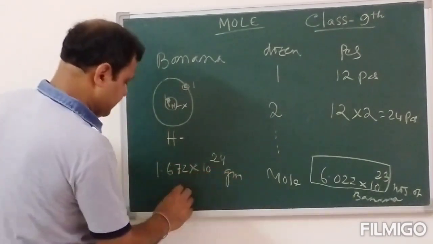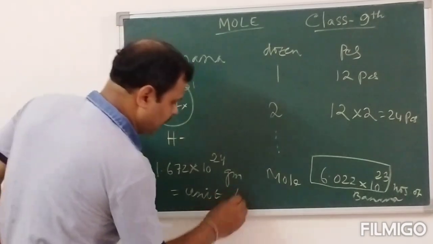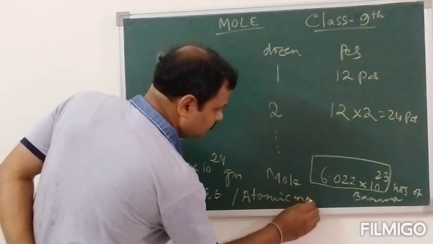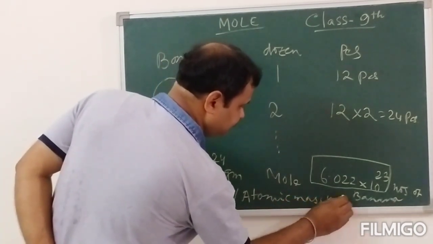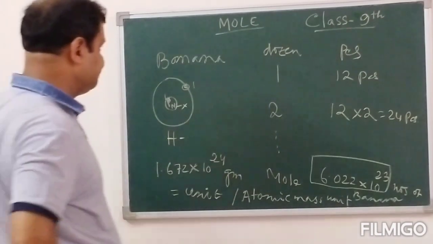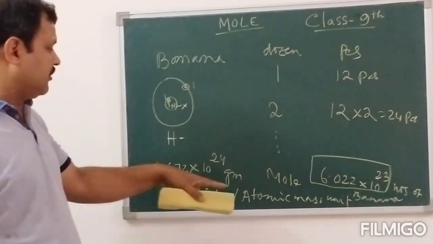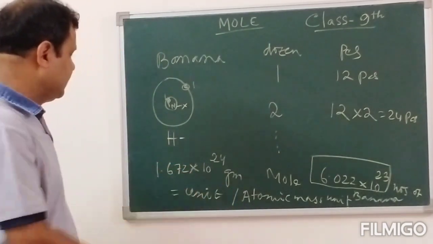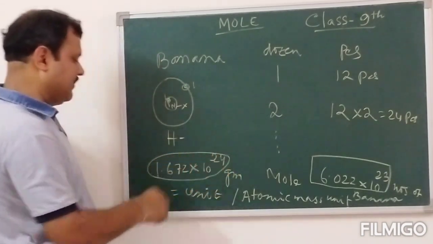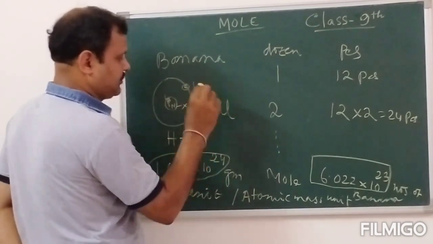So we call this one unit, the atomic mass unit. As this number is very small, instead of quoting it every time, we say hydrogen has 1 unit mass.